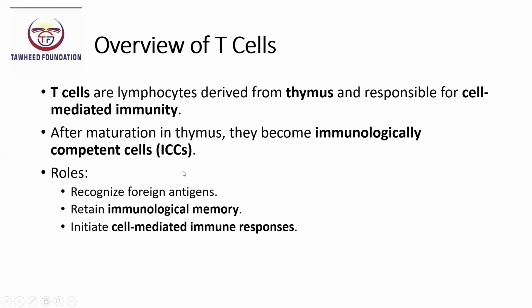Their major roles include antigen recognition, initiation of cell-mediated immune response, and retention of immunological memory. By circulating between blood and secondary lymphoid organs, T cells provide rapid and specific immune defense against intracellular pathogens such as viruses as well as tumor cells.